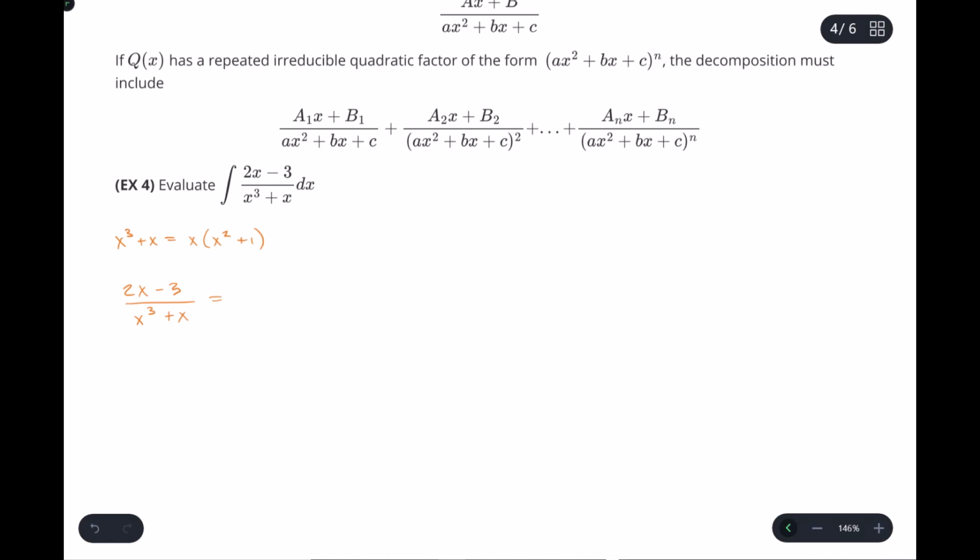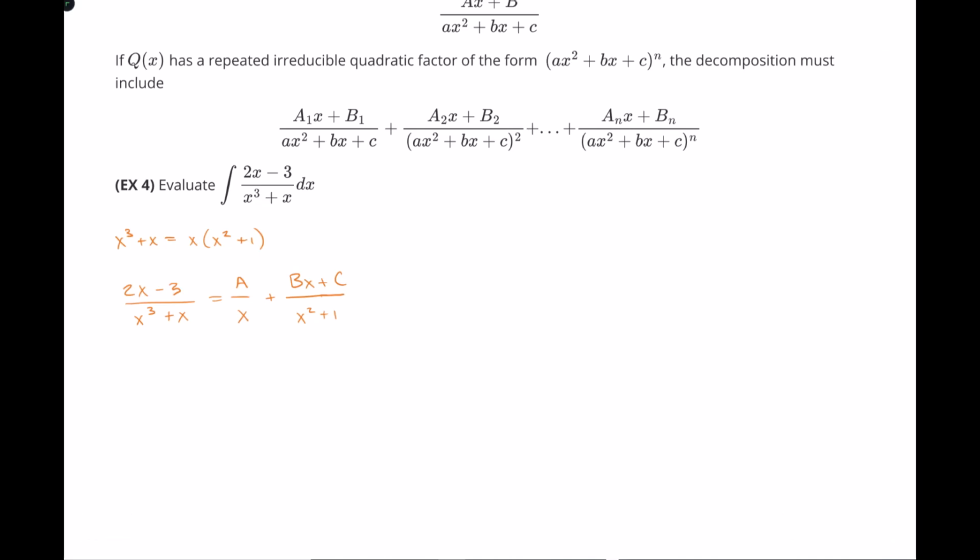So for instance, I have this first factor x, and it's a linear. So I treat it just like I did in the past: just put a constant over that value. Now I have this irreducible quadratic. And to handle that, I can't just put a constant up in the numerator. What I need to do is put a linear function up in the numerator. So I'll just make it look like this, bx plus c.